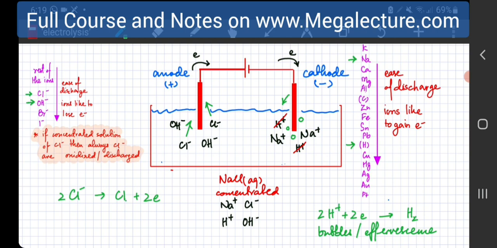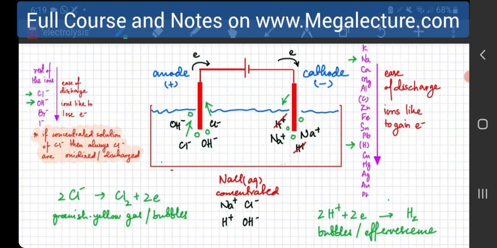Two Cl atoms would be produced, and they will join up to form a Cl2 gas molecule. So again, we're going to notice a greenish yellow gas being formed. We'll see bubbles of that greenish yellow gas forming here at the anode as well.